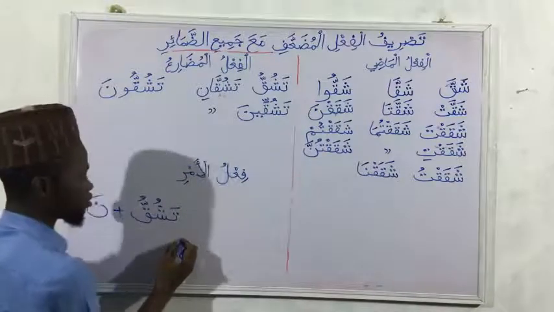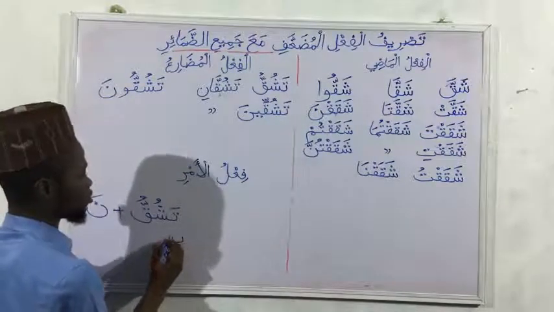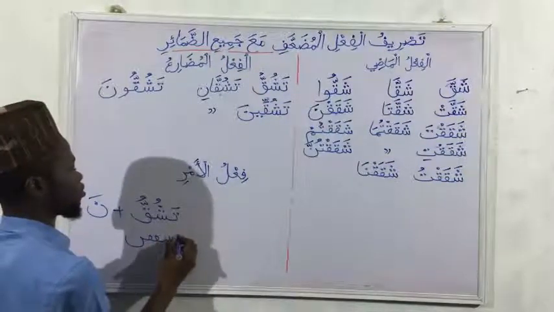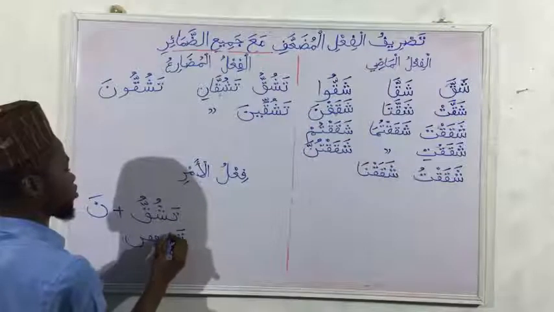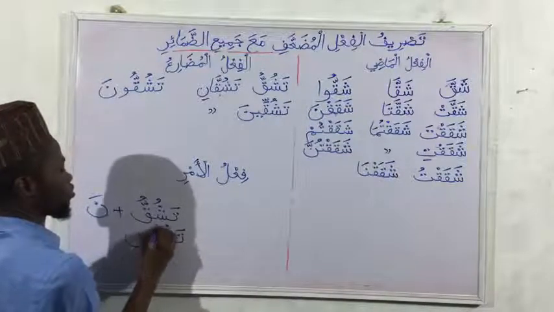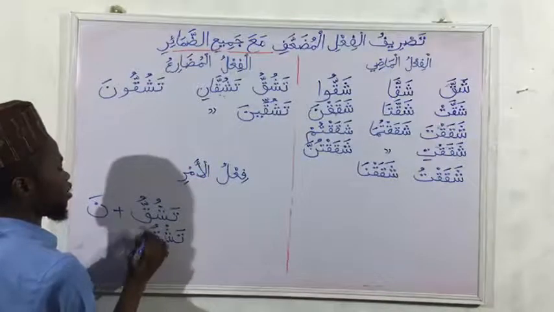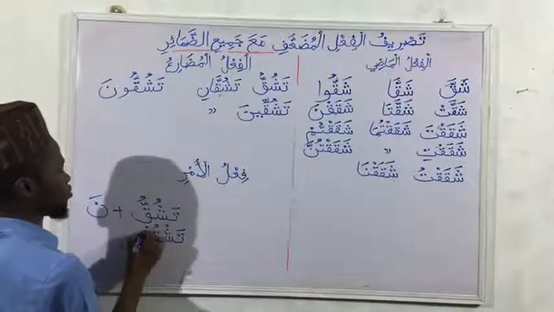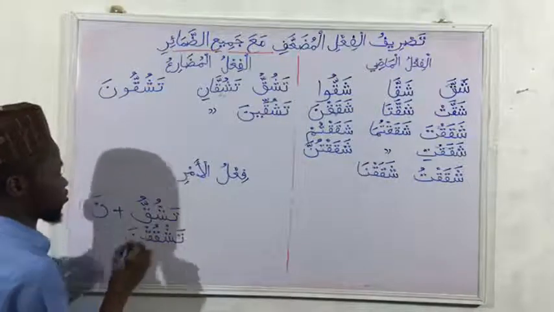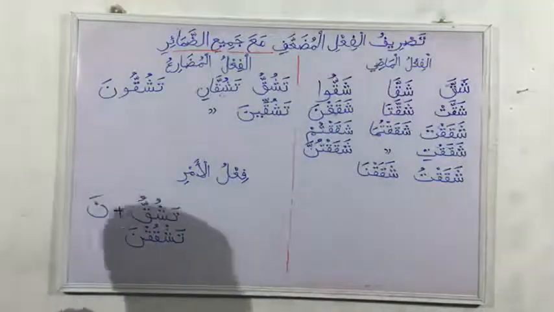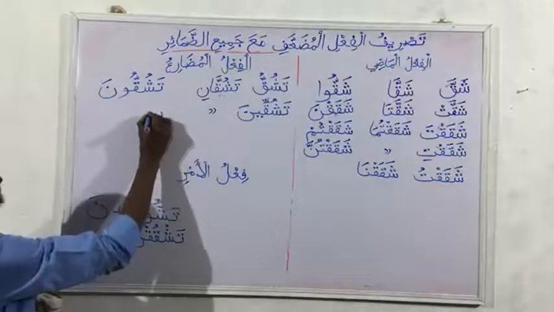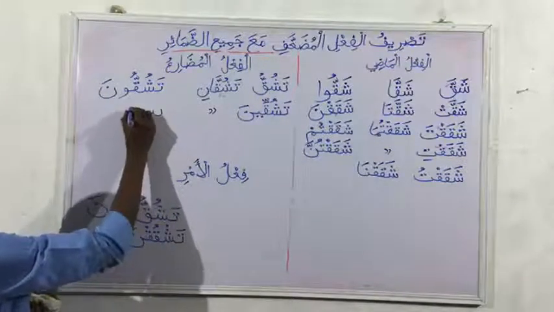So we have Tashkukna, with the addition of Nunu Niswa.